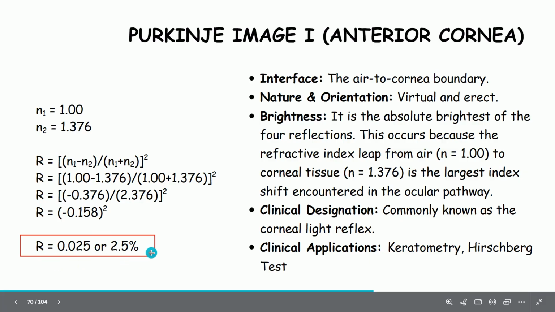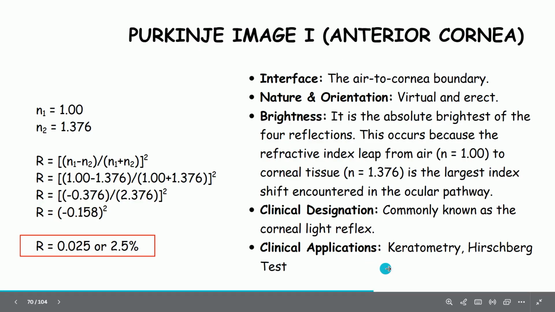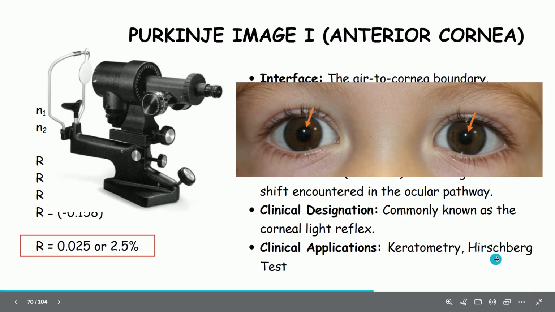That means our Purkinje Image 1 reflects 2.5% of the light that is received. So if you do a Hirschberg or shine a light at your patient, there will surely be reflected light. That is our Purkinje Image 1. That is what you will see. And then clinical applications also include keratometry and the Hirschberg test.